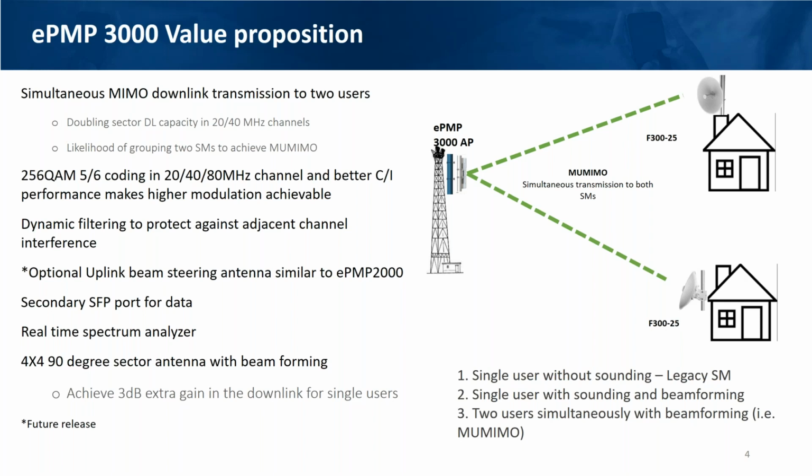Those of you that have been on ePMP for many years know that Spectrum Analyzer is a highly sought after functionality. The good news is the 3000 AP does have a built-in Spectrum Analyzer. So at any given time, you're able to see the environment from a spectrum perspective. There is also a nice little surprise right below the Spectrum Analyzer that will show you interferers and their MAC addresses and energy levels.